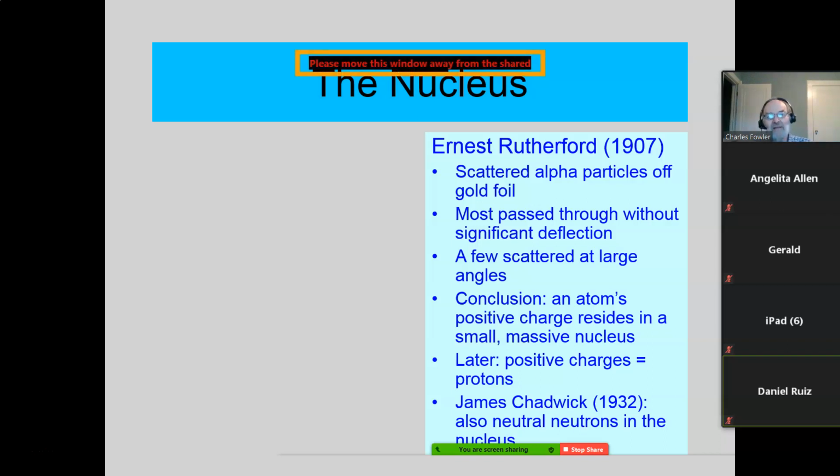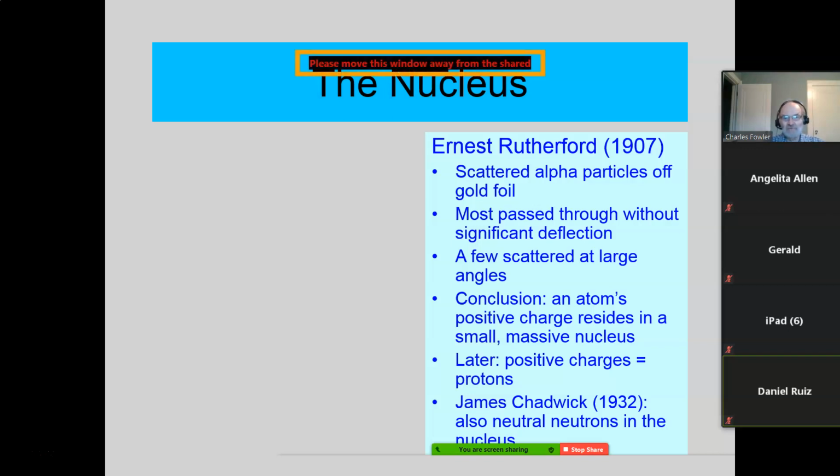okay? Much later, those positive charges were identified as protons. And it may have been Rutherford that did that. Also, much later, like 25 years later, James Chadwick, another British physicist, chemist, also discovered the neutral neutrons that were also in the nucleus.